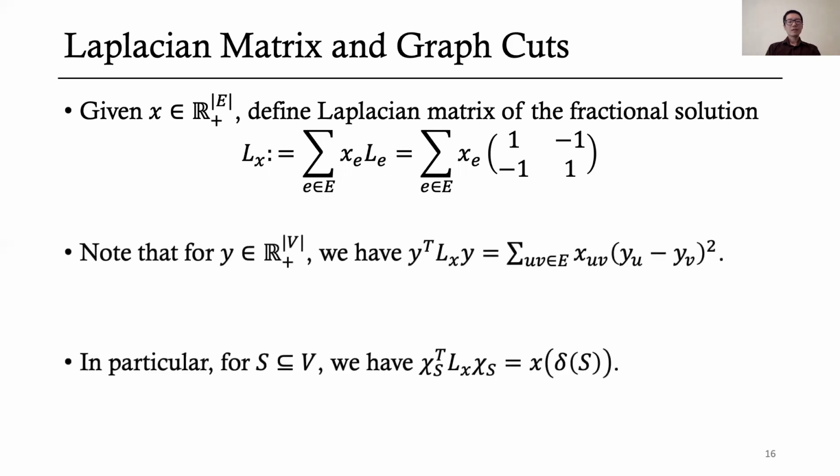As observed in spectral sparsification, the quadratic form of the Laplacian matrix with respect to the indicator vector of a set S is exactly equal to the fractional value of the cut S. Therefore, the Laplacian matrix retains the information of all graph cuts.